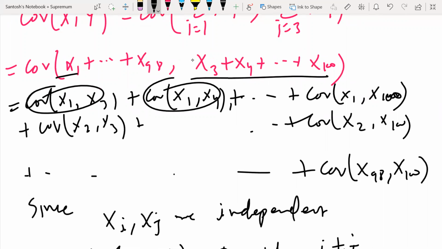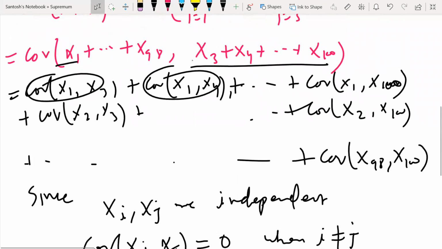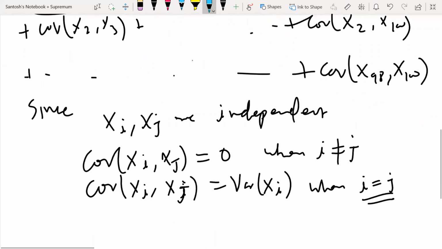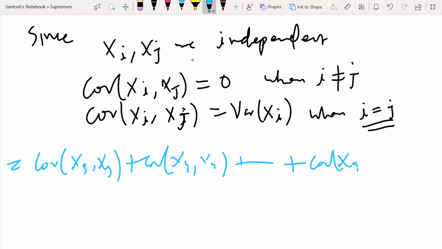When we collect the terms in which i equals j, we see covariance of x3 x3, covariance of x4 x4, up to covariance of x98 x98.